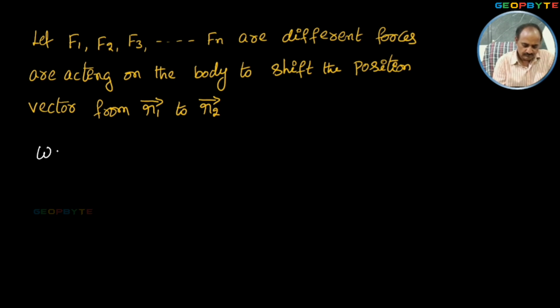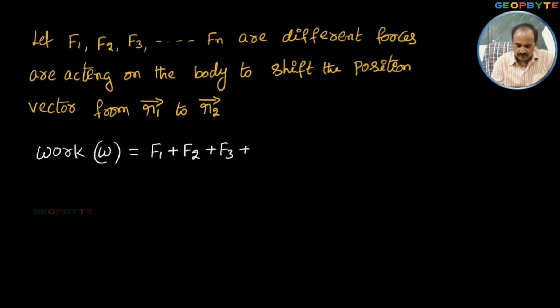Work W equal to the algebraic sum of forces F1 plus F2 plus F3 plus so on plus Fn, which is the net force, multiplied by the change in position vector, r2 bar minus r1 bar.